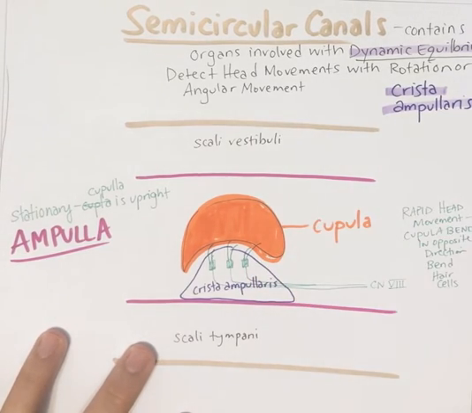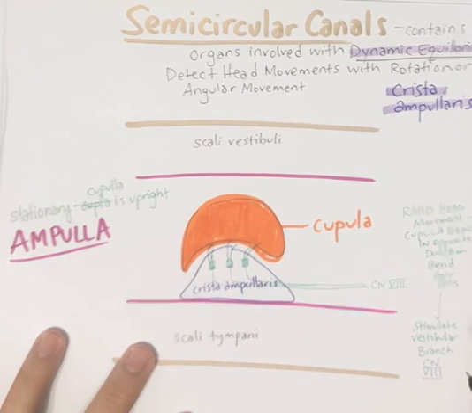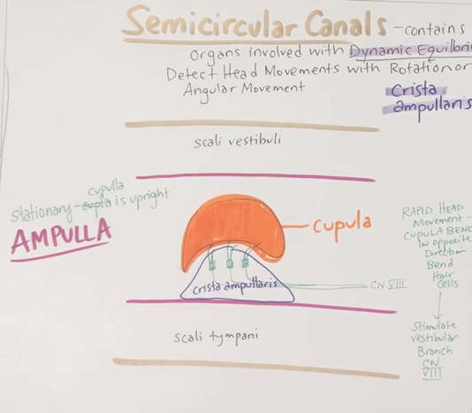The kinocilium are the long ones. That literally is going to stimulate the vestibular branch of cranial nerve 8, and then you have dynamic equilibrium.